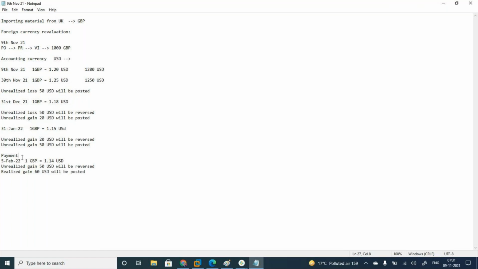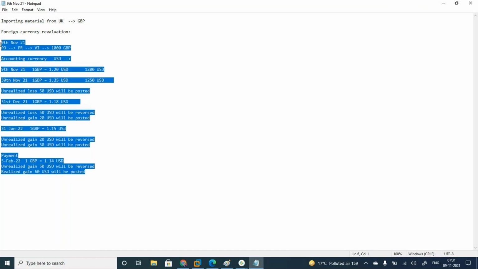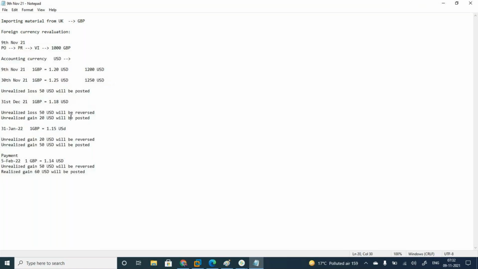Whenever you are doing payment, at that time it will post to realized gain or loss, whatever it may be. There are no further calculations required if you do payment. The same thing I will map in the system and we will see it in the system.